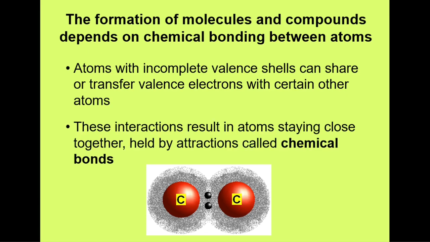Once this occurs, it results in atoms staying close together, because they are attracted to each other. These attractions between the atoms are called chemical bonds. The two main ones that we're going to talk about in the next video are ionic and covalent bonds.